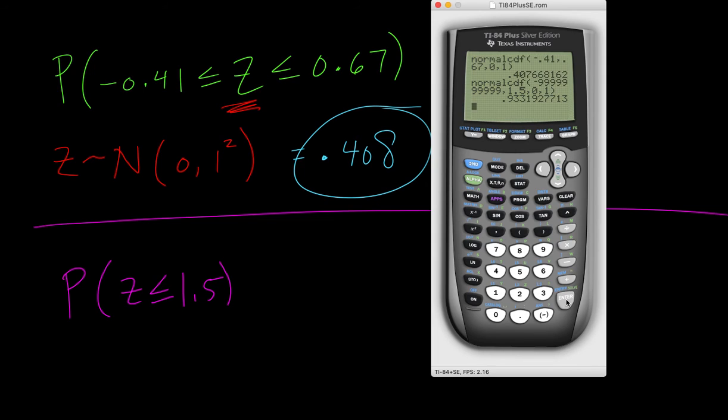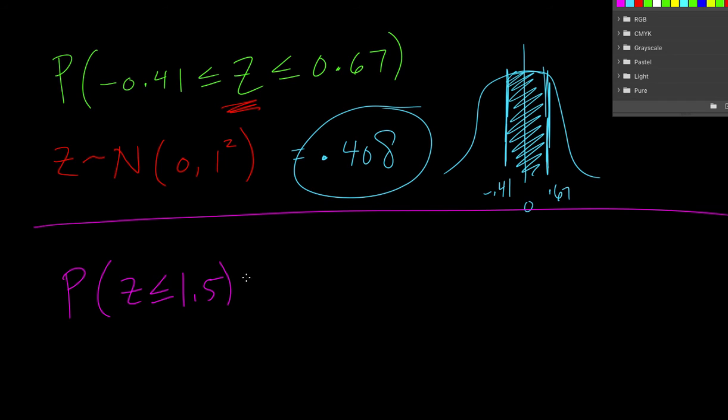And we get 0.933. Okay, once again, what we're looking at is we're centered at 0. 1.5 is somewhere over here. We shade everything below that, and that takes up about 93% of the area, so we get a probability of 0.933.